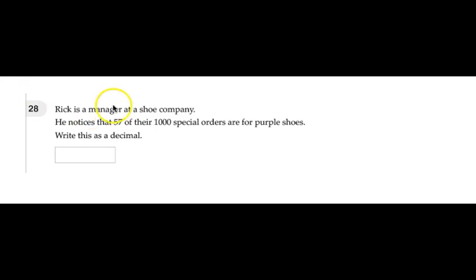Rick is a manager at a shoe company, and he notices that 57 of their 1,000 special orders are for purple shoes. Write this as a decimal. Now, 57 of their 1,000. That means you've got the fraction 57 out of 1,000, or 57 divided by 1,000.